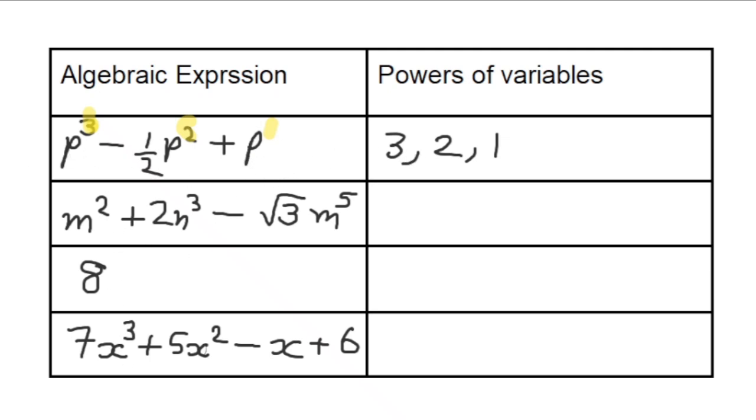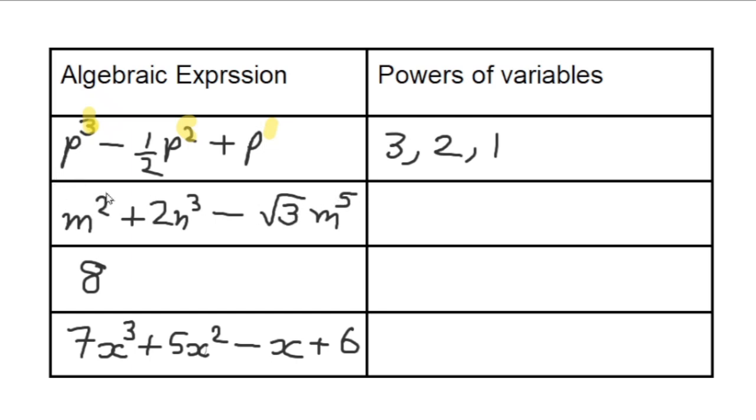Now see the second one: m square plus 2n cube minus root 3 m raised to 5. See here two variables are there, m is one variable and n is another variable. Now we have to see the powers of these variables.